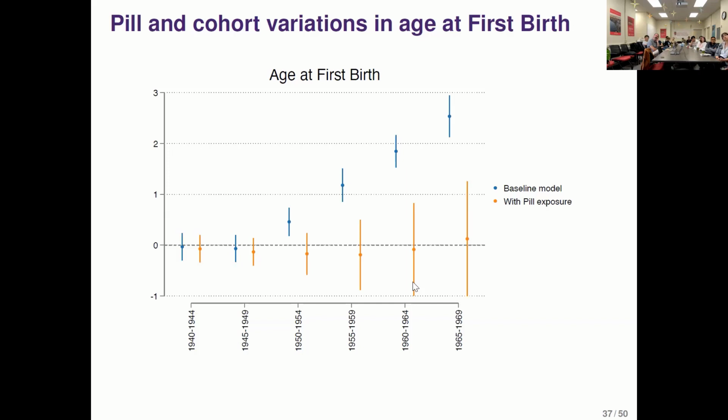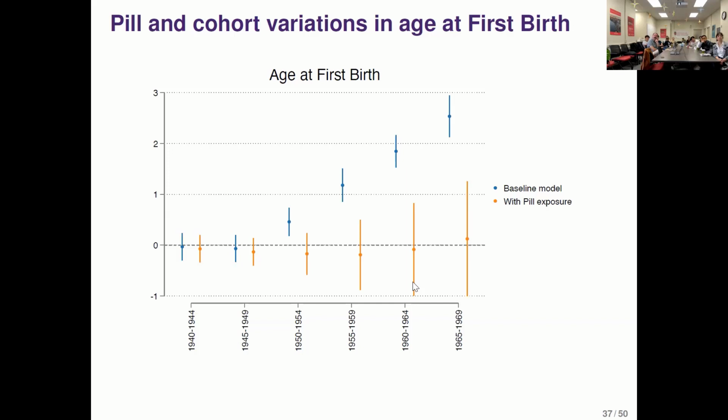And we see the cohort effect over time. So we see that, yes, there's an increase in age of first birth among later cohorts. We do the same model, in which we plug in also the pill effect, and the genes interacted with pill. So we want to compare the results.